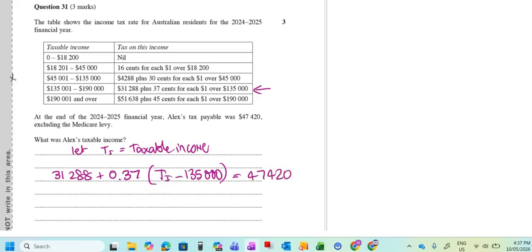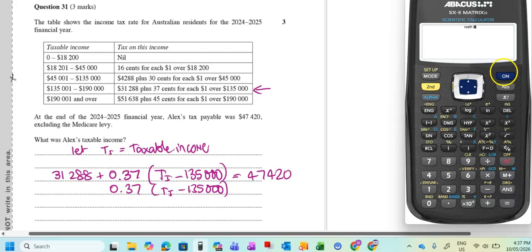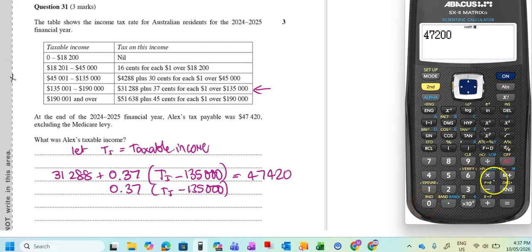So we can tidy this up a little bit by subtracting that 31,288 from both sides. We can do that in our calculator. 47,420 less 31,288, we get 16,132.